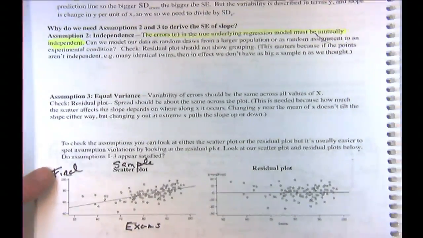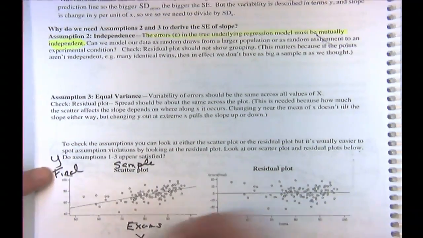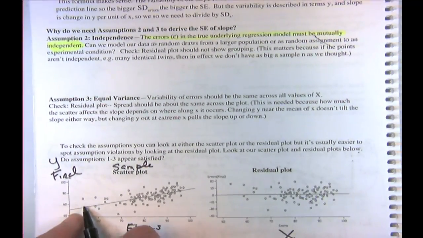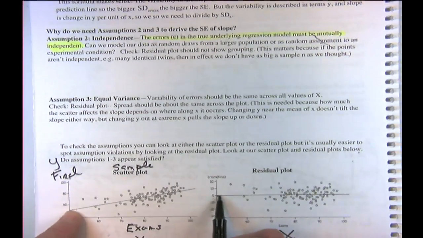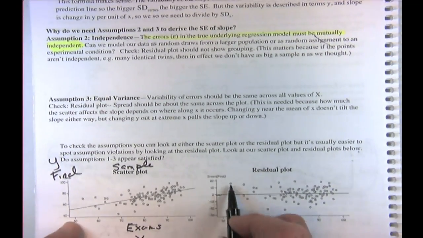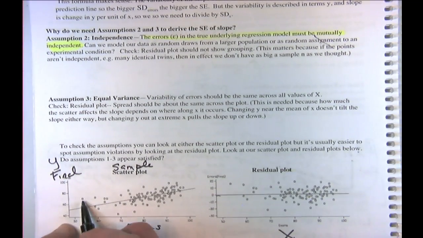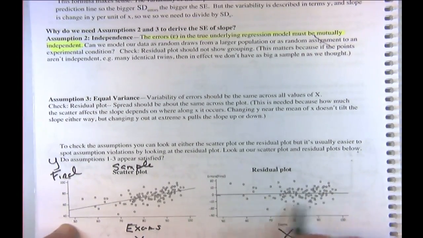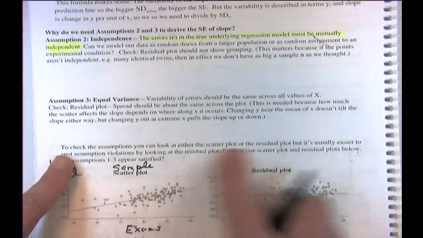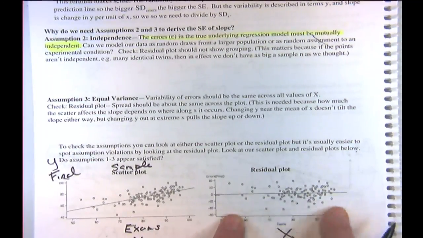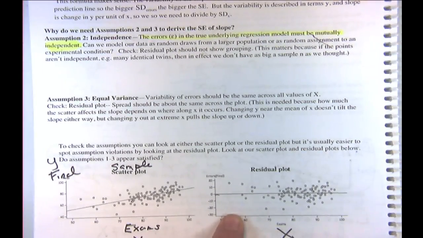So instead of y and x, we have the x here, but instead of y, we're just plotting the distances of the errors. If a point's exactly on the line, it has 0 error right there. Instead of judging that distance on the scatter plot, it's easier to see here. This one looks like it's about 15. To check the assumptions you can look at either one, but it's usually easier to spot violations looking at this.